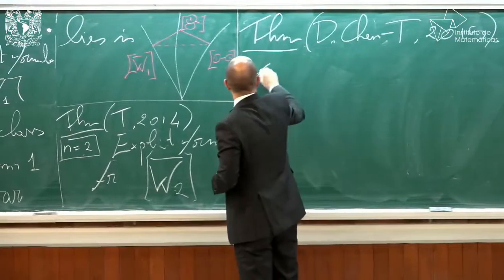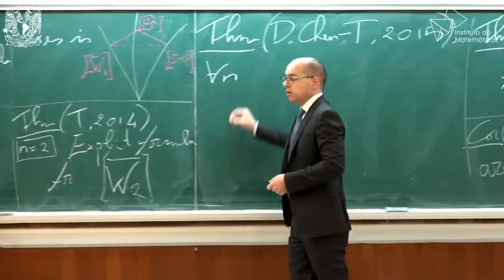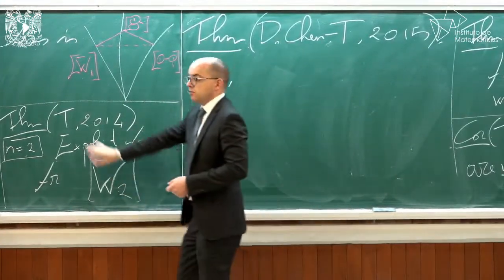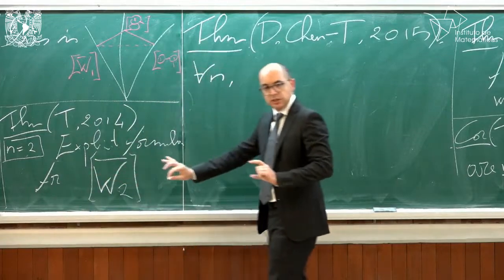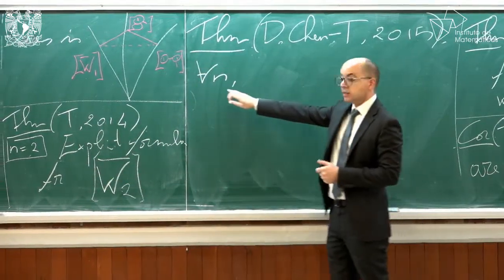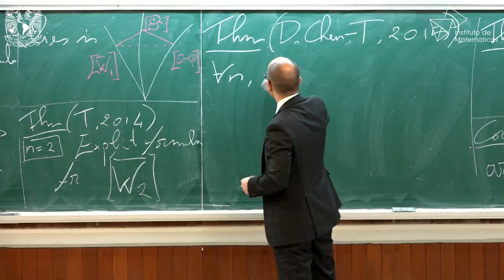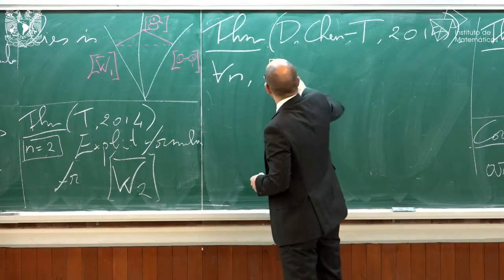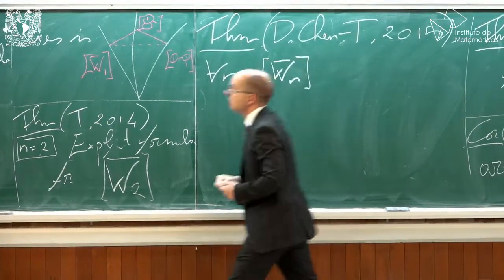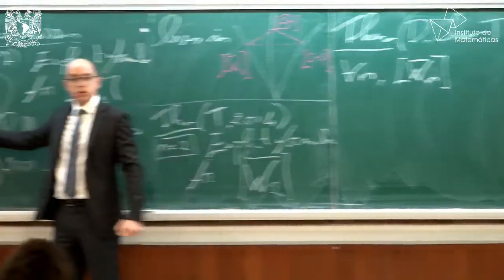For every n. The formula here is only for n equal to 2. But still, just using the case n equal to 2, we deduce a result for every n. For every n, you look at the class of the Weierstrass loci.